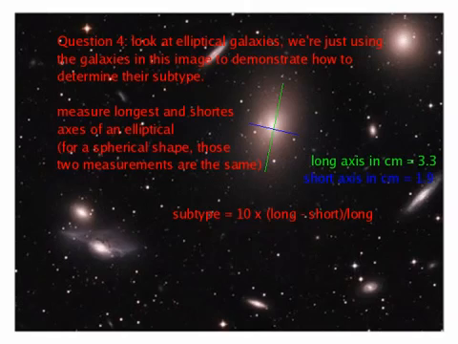Okay, so 4.24 exactly, that would be the subtype then, or just 4. So I'm going to type that in. 4.2.